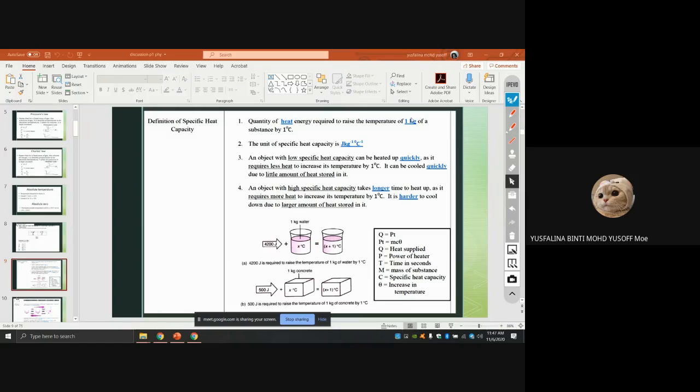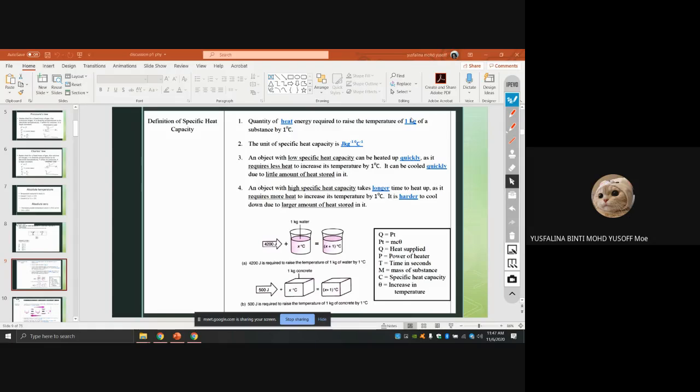It means only the quantity of heat energy required to raise the temperature by 1 degree Celsius, without the kg. The unit for specific heat capacity is J kg^-1 °C^-1.